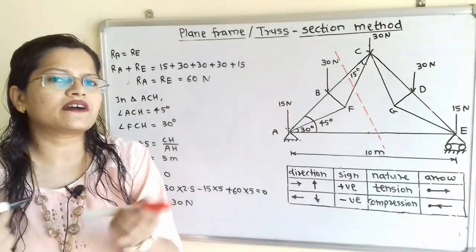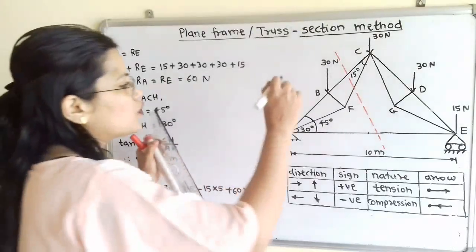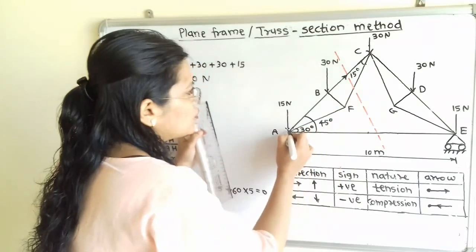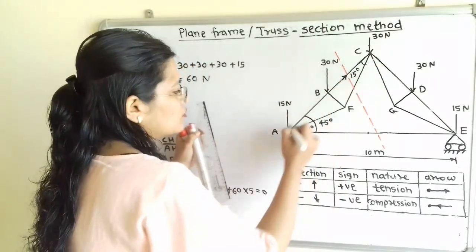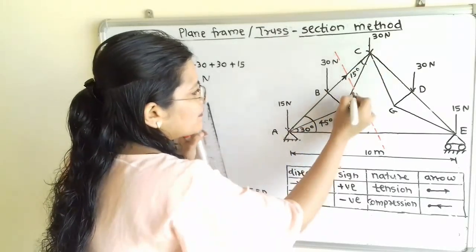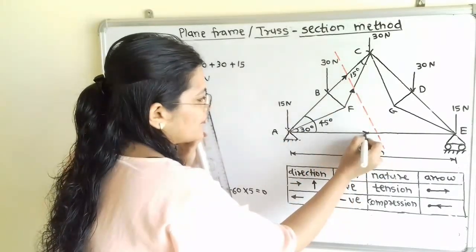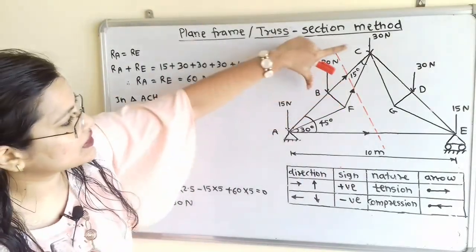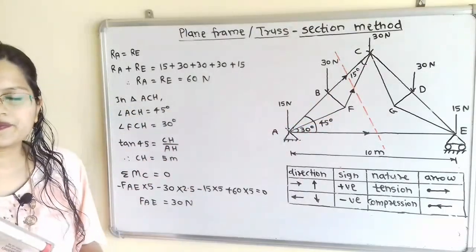We will show the same direction for all the members, away from the joint. We will show FC away from the point F, and for AE we will show direction away from the joint A. So we have to find out unknown forces in the 3 members BC, FC as well as AE.